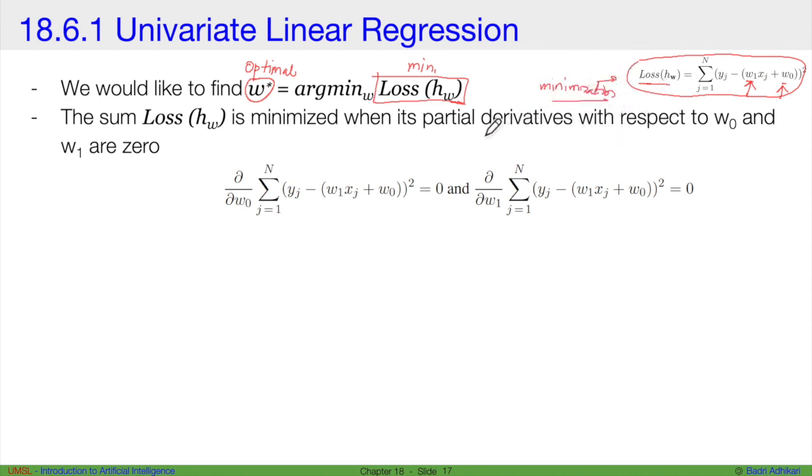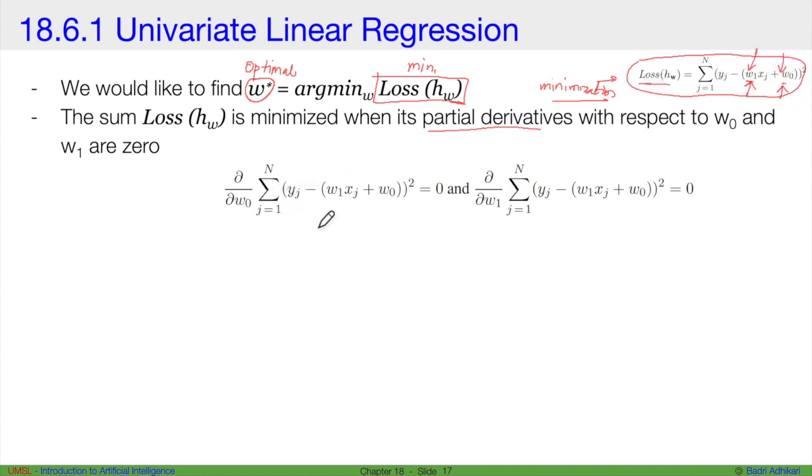And we know from partial derivatives that in order to find the maximum or minimum value of an equation, we have to take partial derivatives. So if I take the partial derivative of this equation and equate it to 0, that gives me the optimal values of W0 and W1 where loss is minimum.